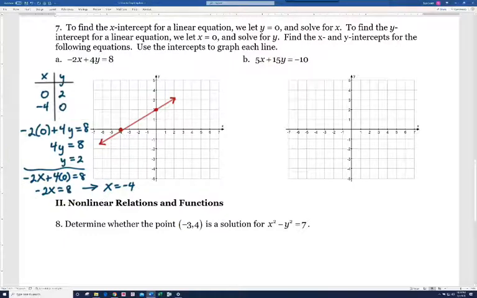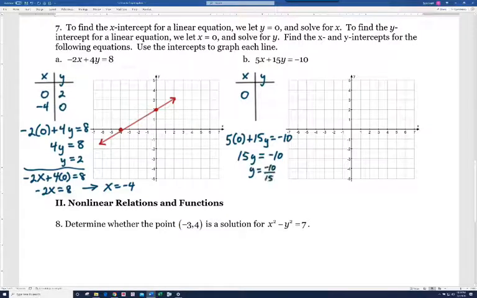All right, let's go ahead, and I would encourage you to do the other one and then watch the video. If you choose x to be 0, you'll get 15y is negative 10. Notice you are going to get a fraction here. I'm dividing both sides by 15, and so I do get negative 2/3 when I reduce that fraction.